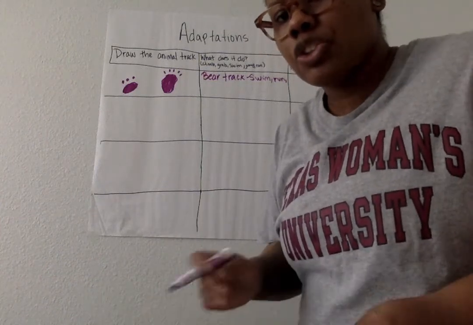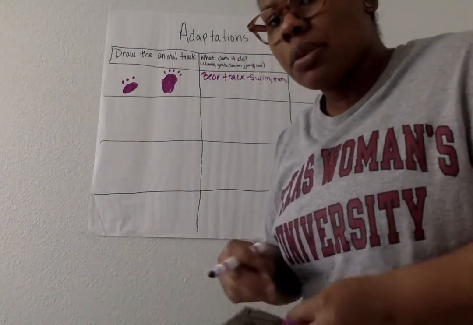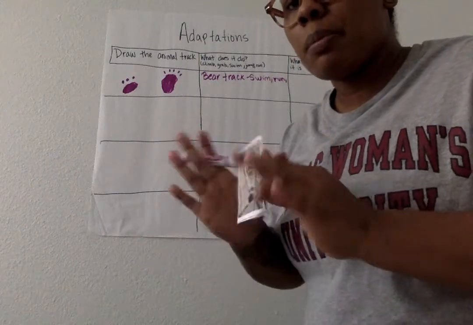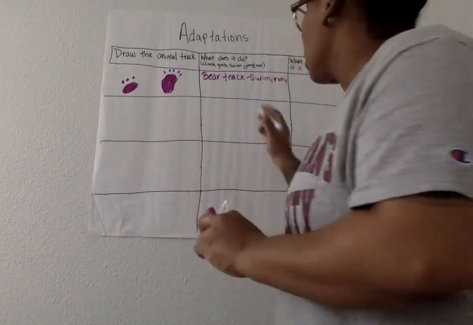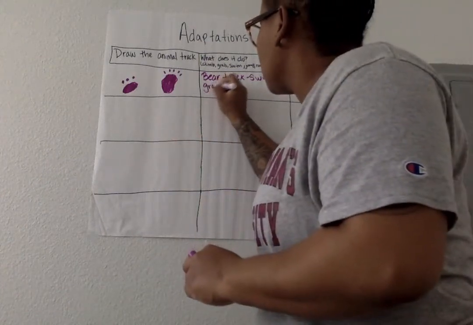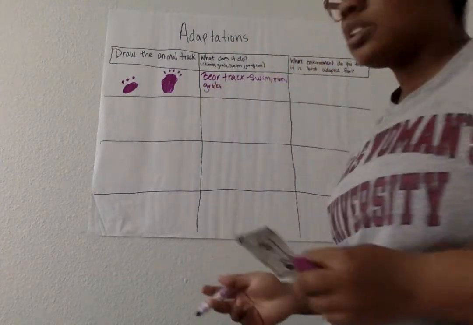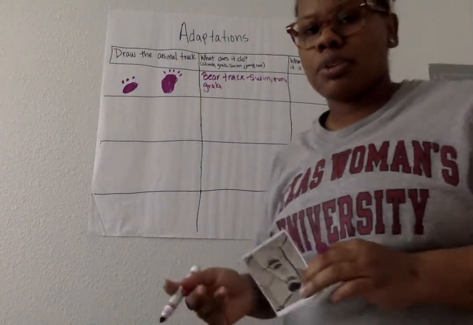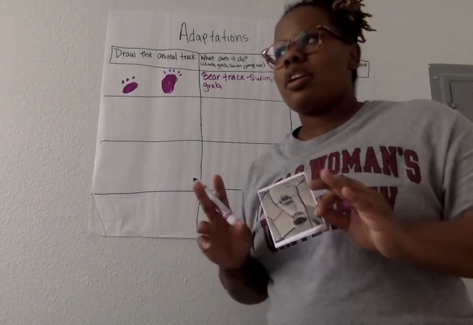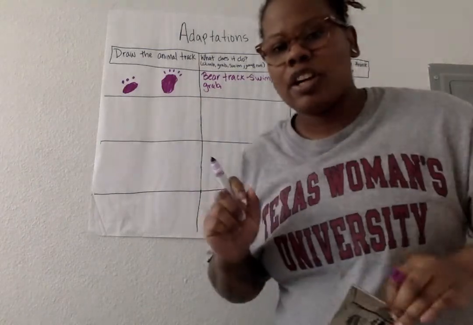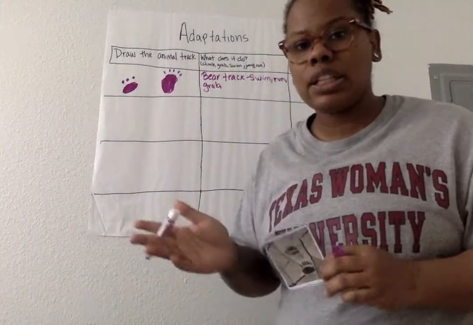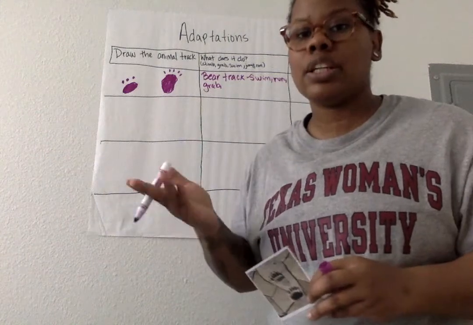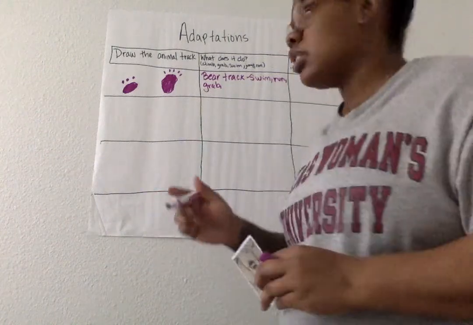So they're usually grabbing fish in the river. Their front paws help them do that, so they can grab. And they can also climb too, right? There's this thing where bears love honey, and in order for bears to get the honey, they have to climb up the tree to get to the honeycomb, right? So we're going to put climb.